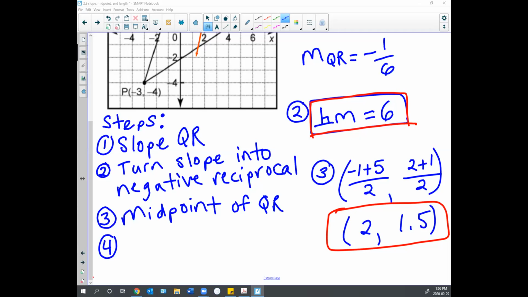Okay, here we go. I need my b value, so I'm gonna solve for my b value. Next, I'm going to solve for my b value, but I'm going to use the perpendicular slope and the midpoint.